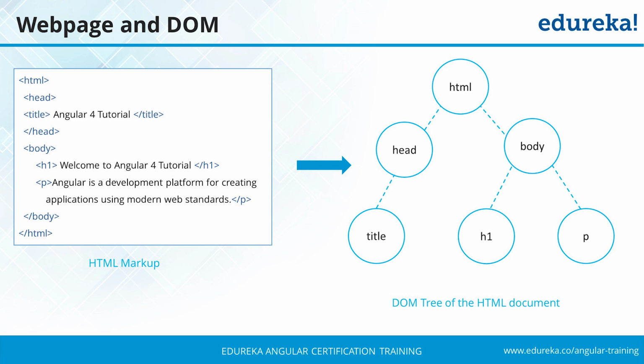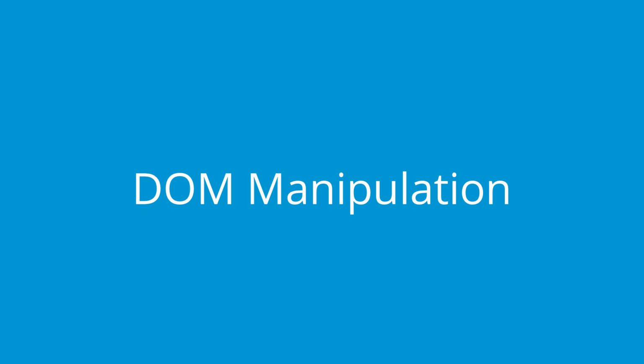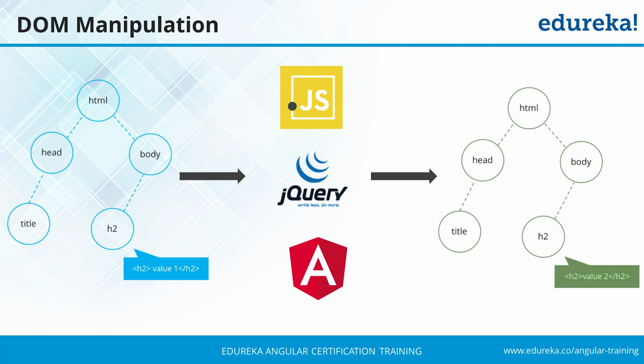DOM manipulation. There have been a lot of libraries across for DOM manipulation. You could actually do DOM manipulation from pure JavaScript. There was a library called jQuery, and that still is. It does a fantastic job of manipulating the DOM. And then came Angular, which changed the scenario in which you do DOM manipulation, not just DOM manipulation.